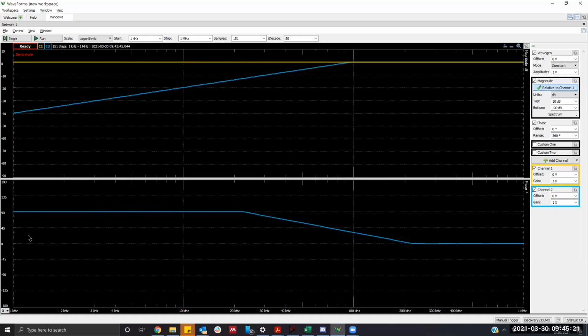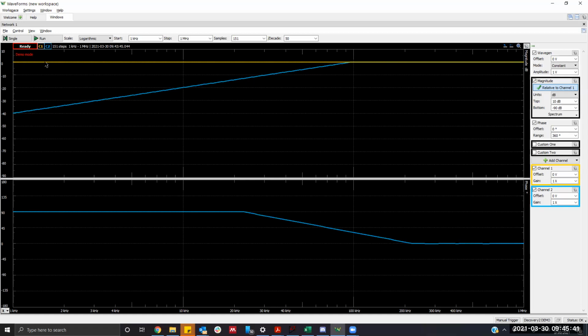Here, the network analyzer measures with channel 1, which should measure the input, and channel 2 should be measuring the output of the circuit. And it will use channel 1 as the reference.